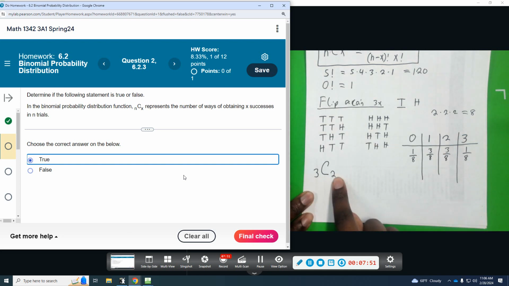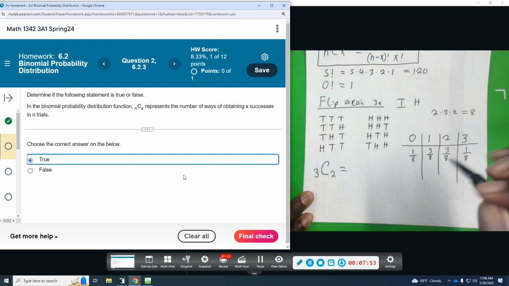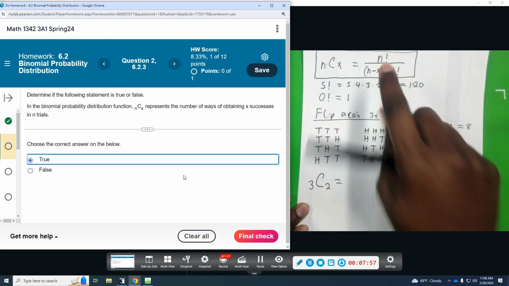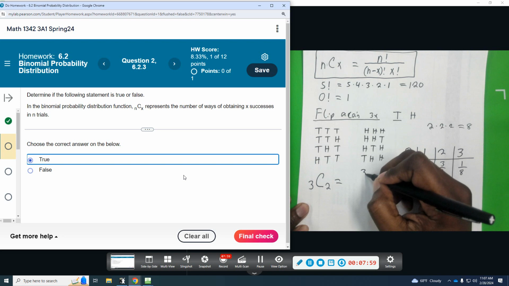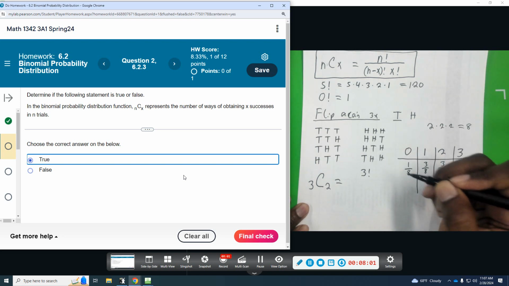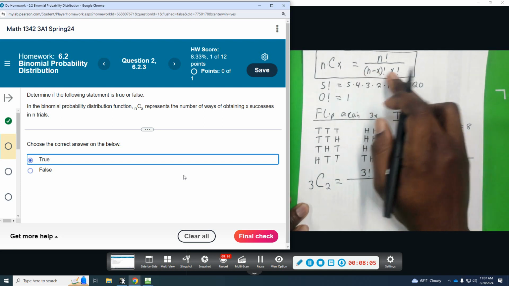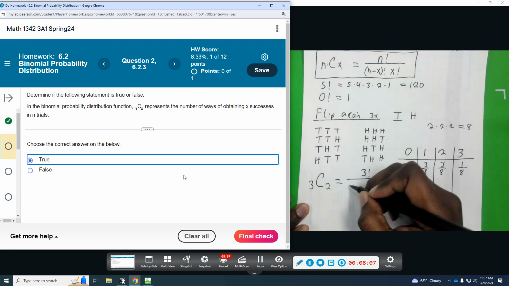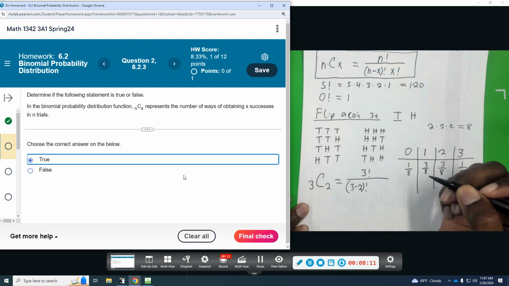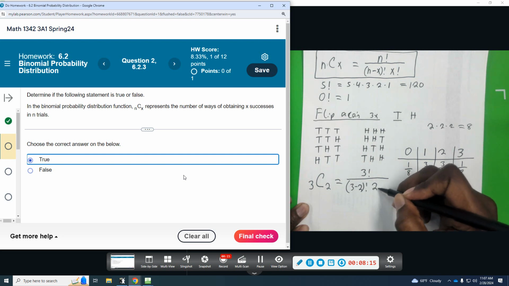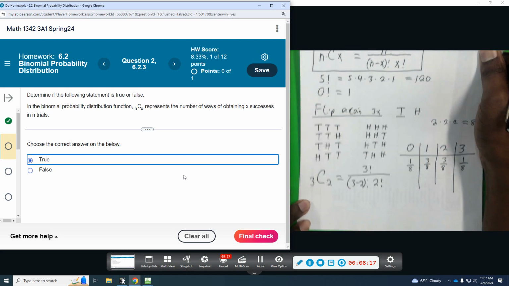So here's the formula. Using the formula up here, which I kind of put up too high, we're going to do on the top 3 factorial. That's my n. And then n minus x, so 3 minus 2 factorial. And then times 2 factorial.